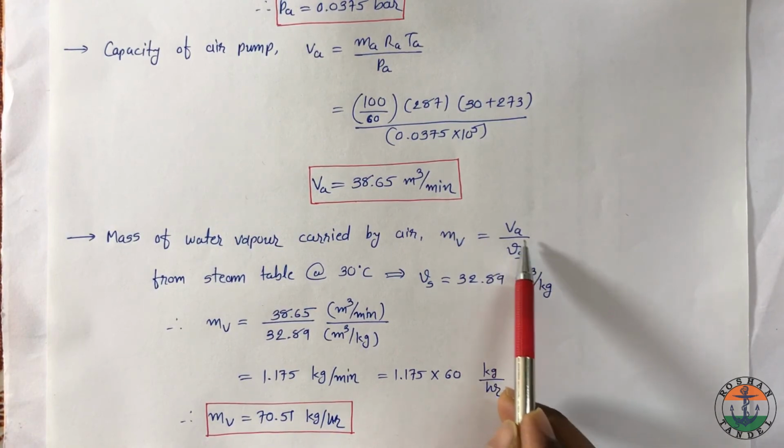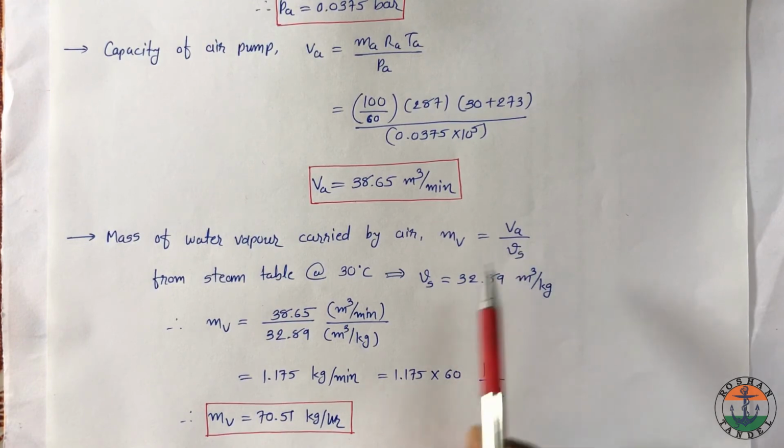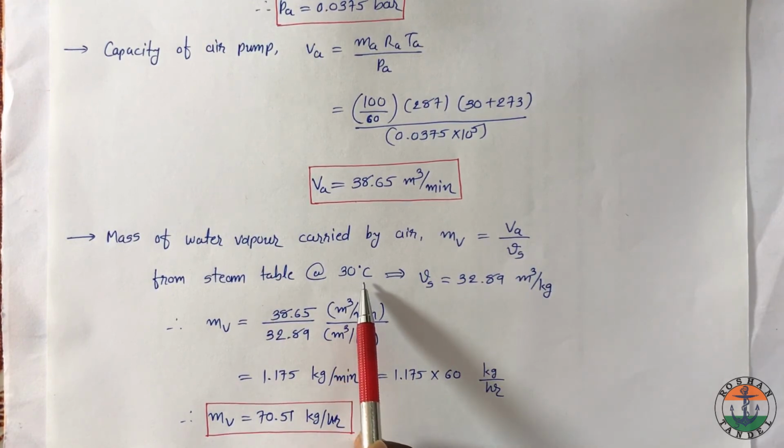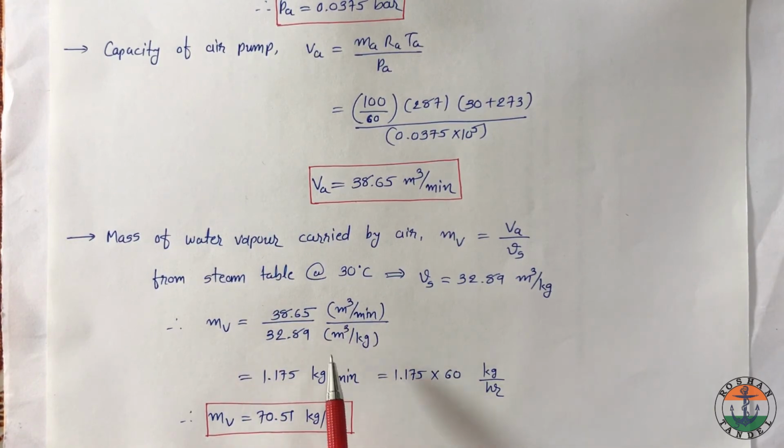Now, this specific volume you have to consider at the mean condenser temperature, which is 30 degrees Celsius. The unit of Va is meter cube per minute and the unit of Vs is meter cube per kg, so you will get MV in kg per minute. Also, you can convert this value to kg per hour. The final value of MV, mass of water vapor, is equal to 70.51 kg per hour.